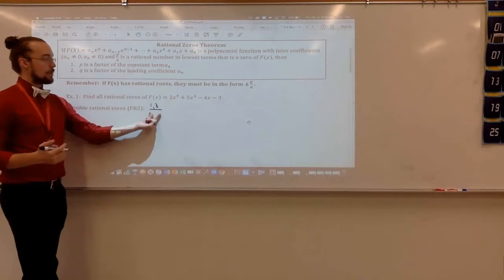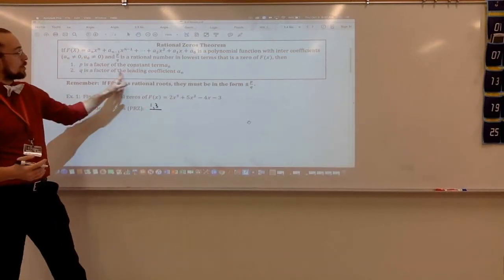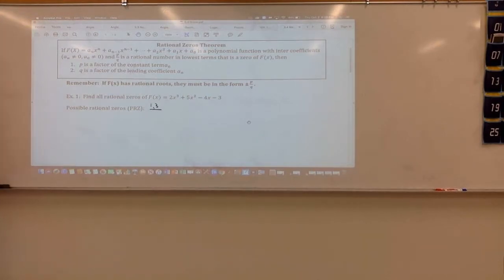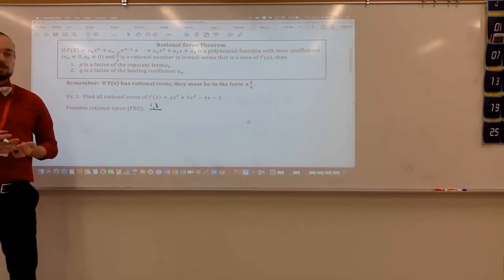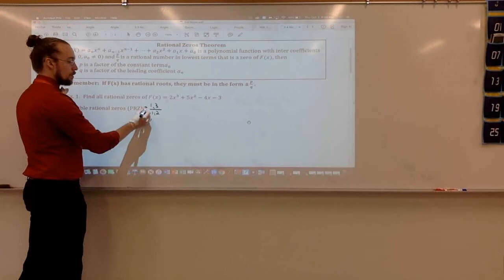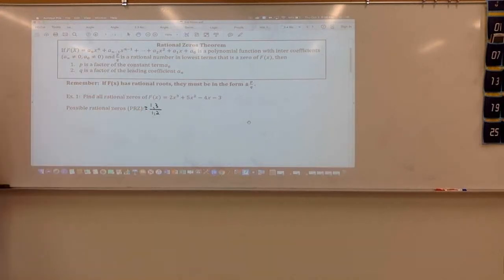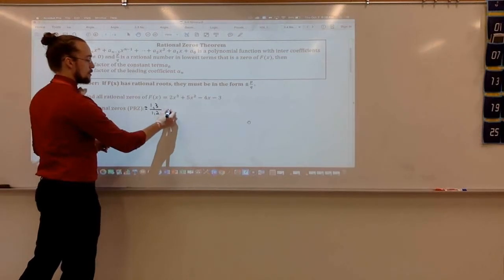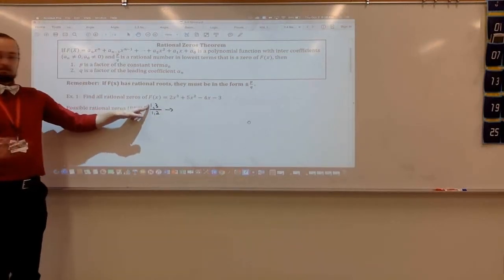Then, in the denominator, we're saying that Q is all of the factors of the leading coefficient. So what's my leading coefficient here? 2. So what are all the factors of 2? 1 and 2. And I'm eventually going to take all the positive and negative values of these. So I'm going to start with the 1.